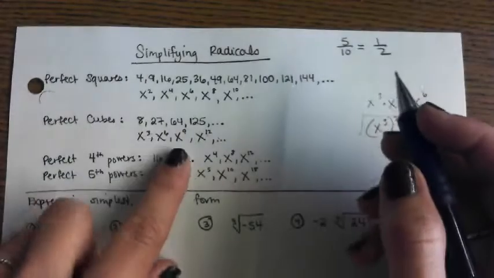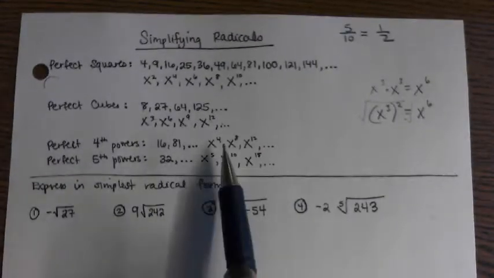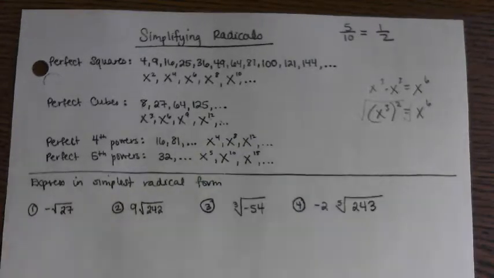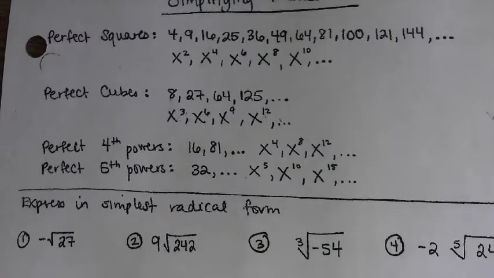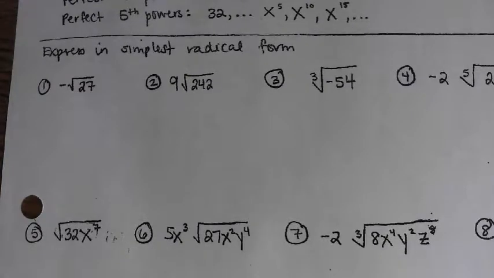The cubed root of x to the 9th is x to the 3rd. The cubed root of x to the 12th is x to the 4th, and so on. 4th powers, your exponent needs to be a multiple of 4. 5th powers needs to be a multiple of 5, and so on. Okie doke? Any questions? Okay, we're good?